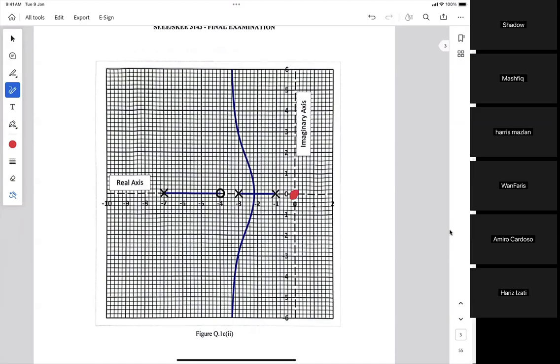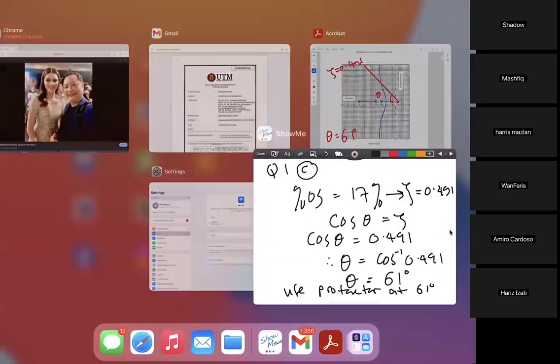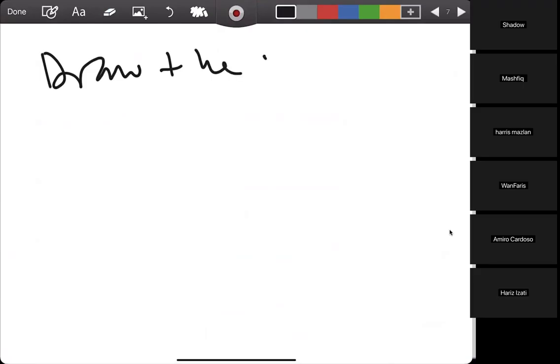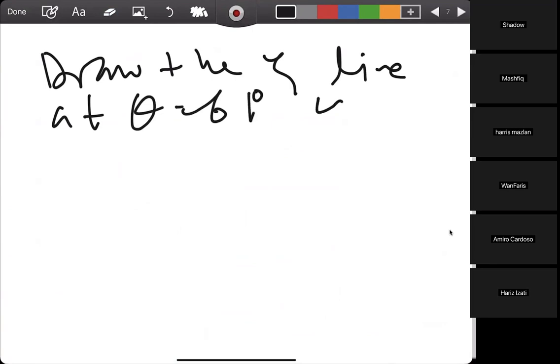Okay, so 61 degrees, I think about here. 0.491. So it's about here. The theta is 61 degrees. Draw the zeta line at theta 61 degrees yields the dominant pole.